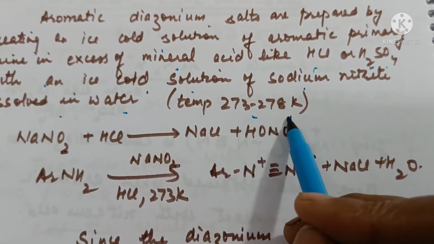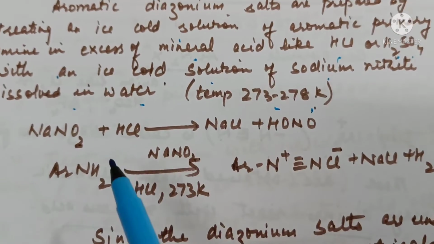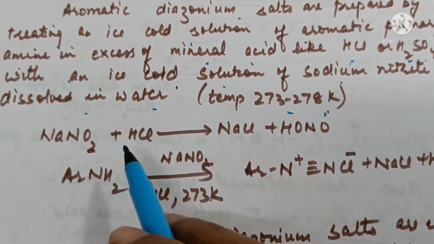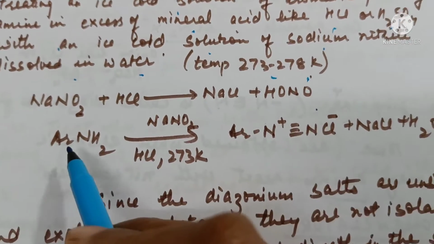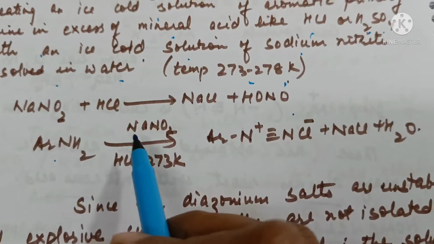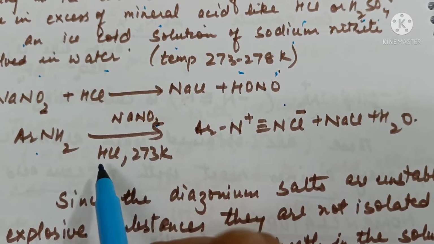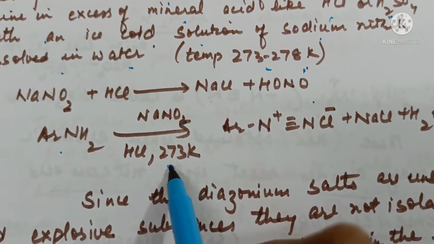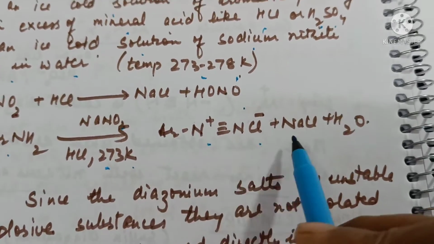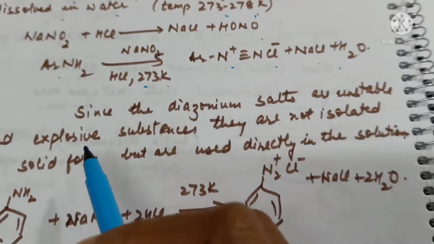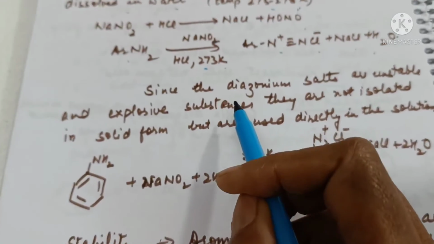Temperature 273 to 278 Kelvin. NaNO2 plus HCl will form NaCl plus HONO. Aniline on reaction with NaNO2 in presence of HCl will form, at 273 Kelvin, arene diazonium chloride. Along with it, NaCl and water will be formed.